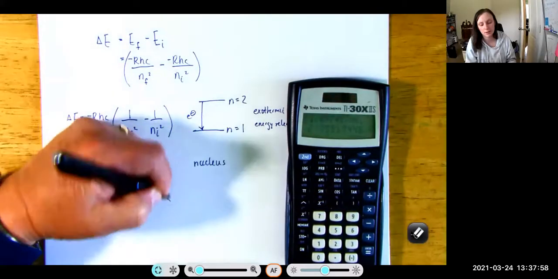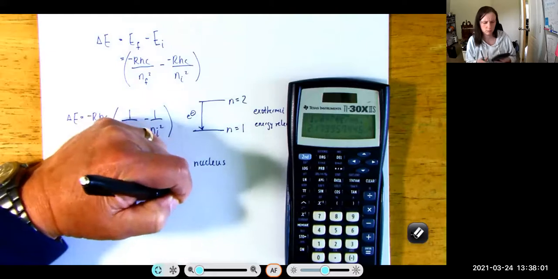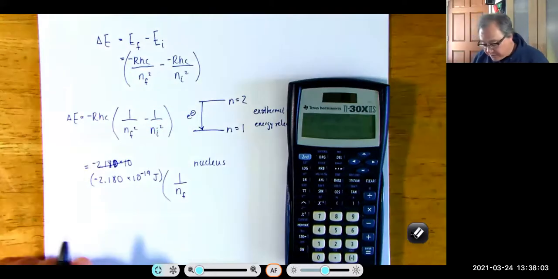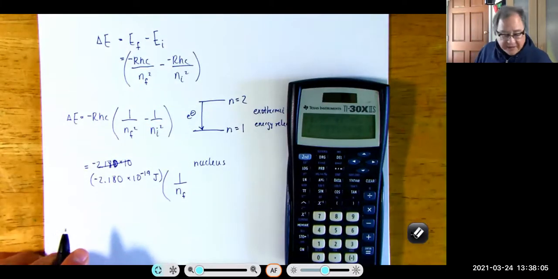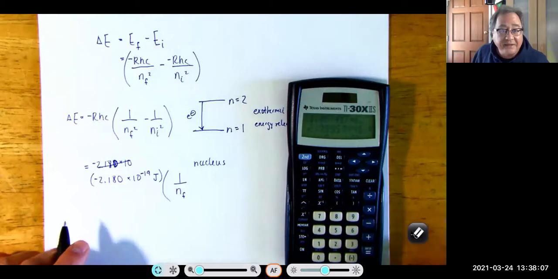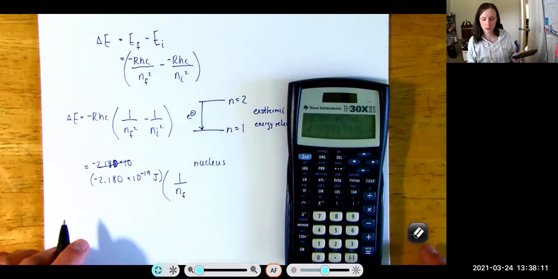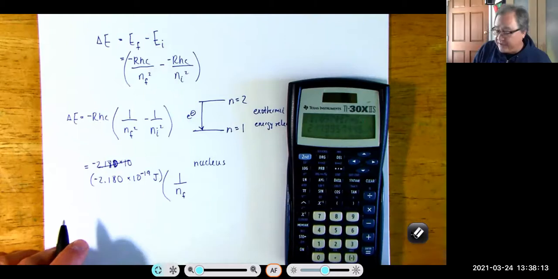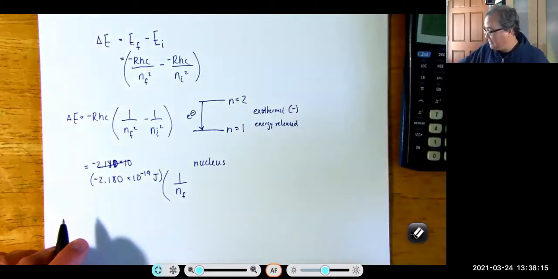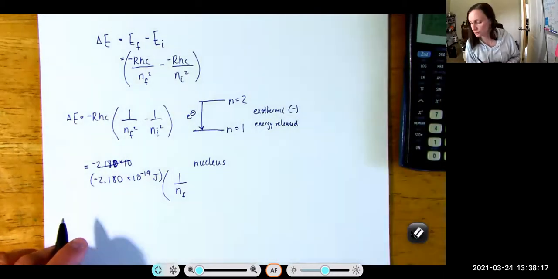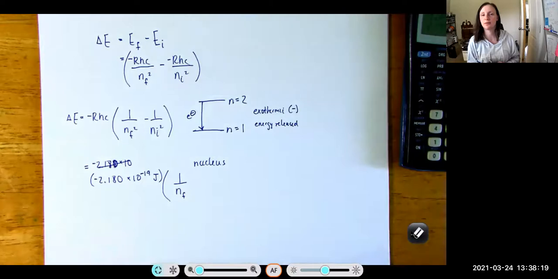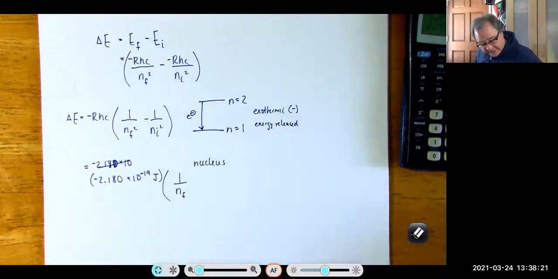How come I got to the negative 18? Because you used 1.0974 times 10 to the 7th, and I think it's times 10 to the 8th. What is Rydberg's? Is it 10 to the 7 or 10 to the 8th? I have it written down in 3 separate places as 10 to the 7th. Okay, then this should be 18 then.